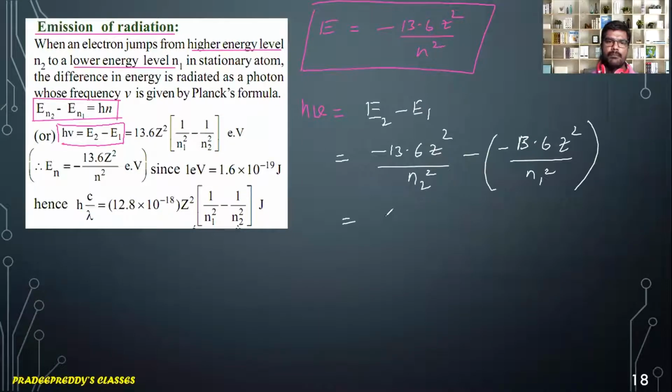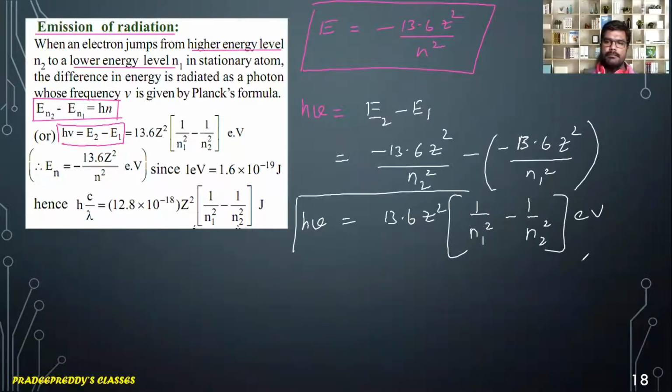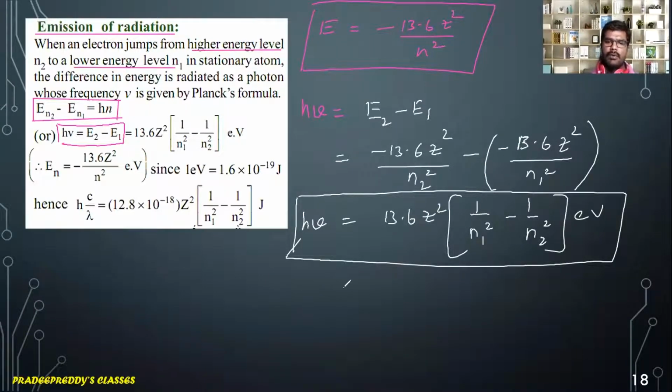This is equal to 13.6 Z square into 1 by n1 square minus 1 by n2 square, which is equal to h nu, and this is in electron volt. And as we know, 1 electron volt is equal to 1.6 into 10 power minus 19 joule. You can convert this electron volt into joule by multiplying with 1.6 into 10 power minus 19.